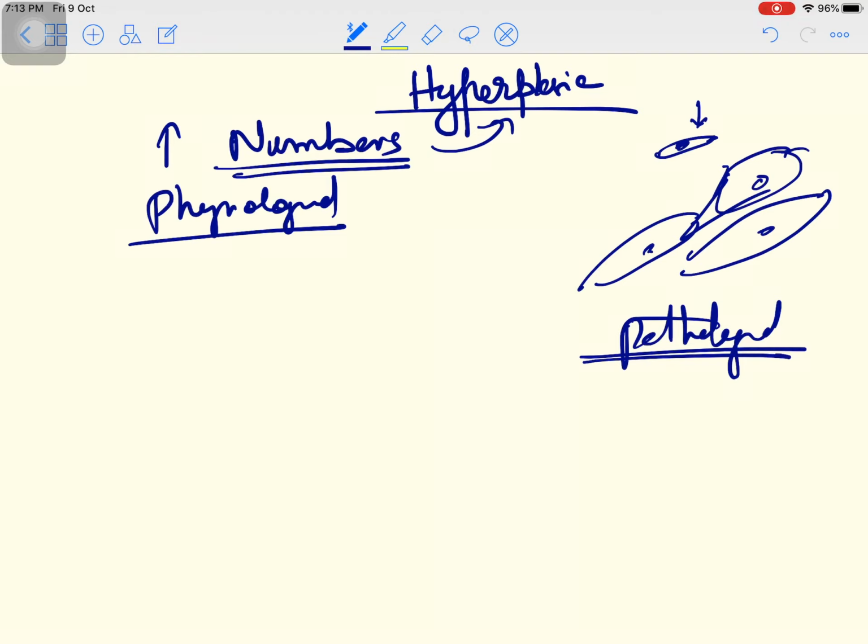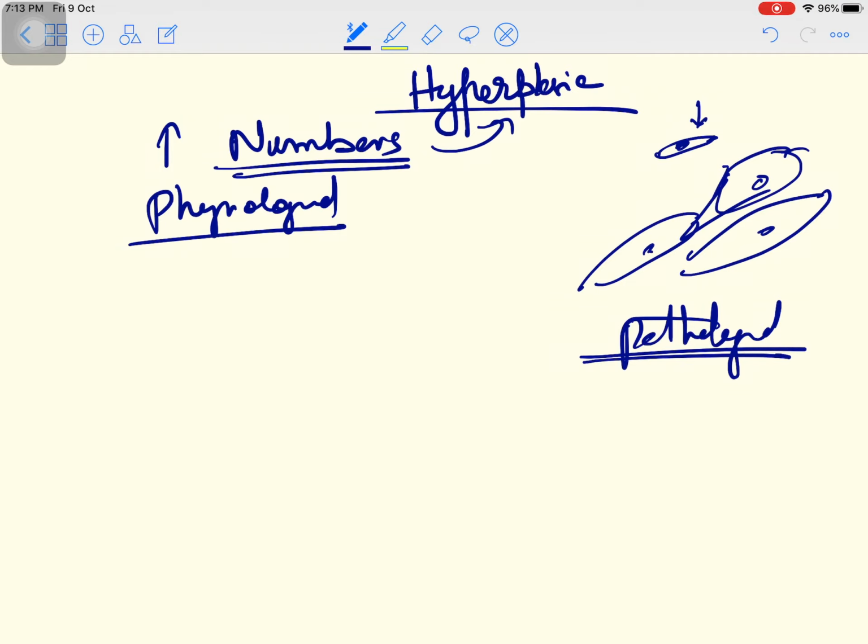Then bone marrow is the tissue that shows hyperplasia beautifully, because if there is any sudden blood loss and you look at the marrow, you'll see increased bone marrow production of the precursors, erythroid as well as myeloid, depending on which is deficient.